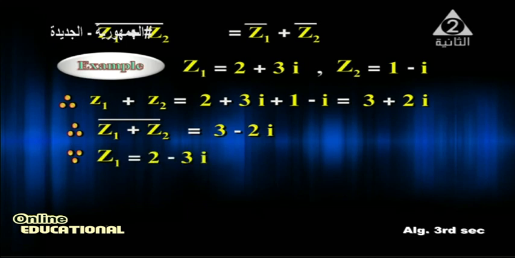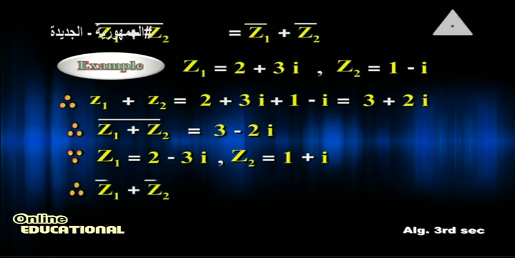Since the conjugate of z1 equals 2 minus 3i, the conjugate of z2 is 1 plus i, therefore the conjugate of z1 plus the conjugate of z2 equals 3 minus 2i. Then we deduce that the conjugate of an addition equals the addition of the conjugates: the conjugate of the addition of two complex numbers equals the addition of the conjugates of the two complex numbers.